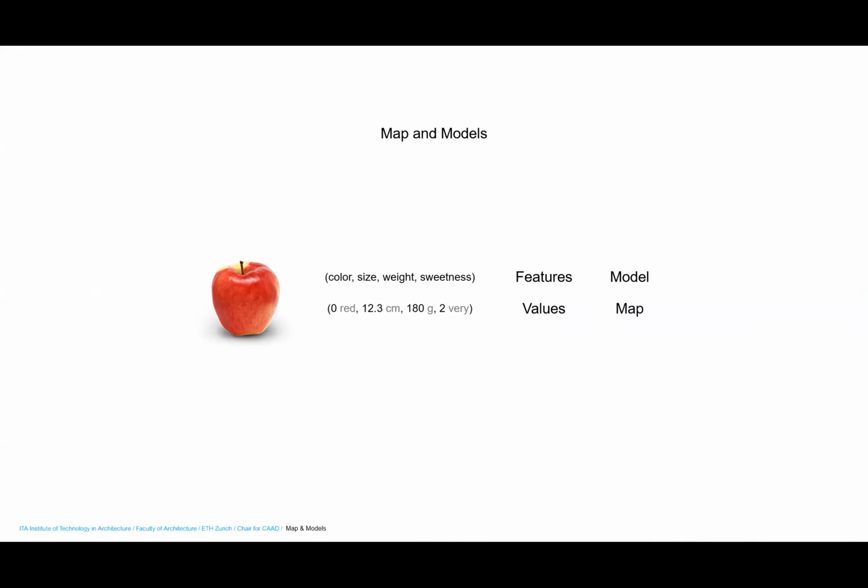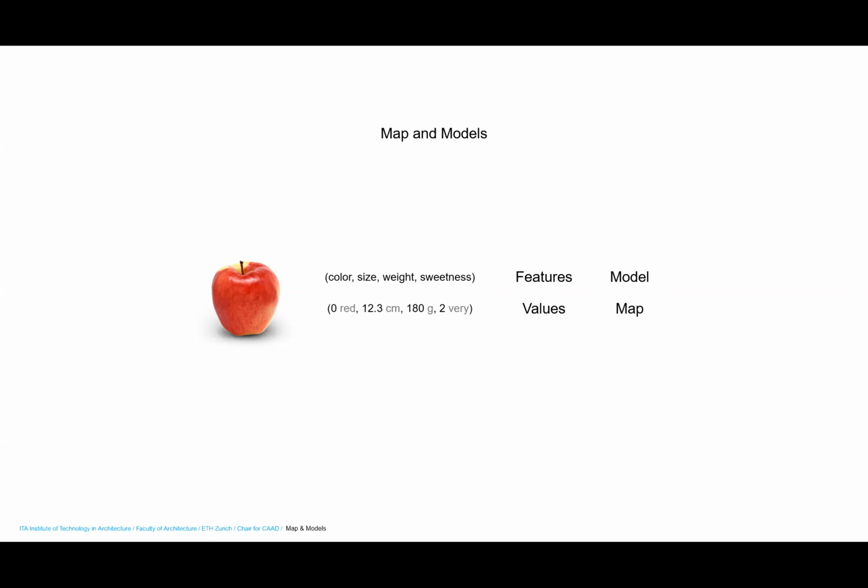As we introduced in the previous lectures, in the center is the object that is kind of inaccessible, and we use models to do certain abstractions on top of it, and then use maps to numerically represent what we already have.